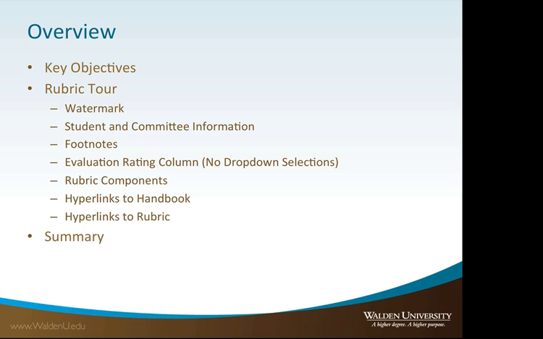I will show you a few rubric components and how they hyperlink to the Research Handbook, and how the Research Handbook provides a quick hyperlink feature taking you back to the rubric. Finally, I will conclude with a brief summary of the material covered in this short tutorial.